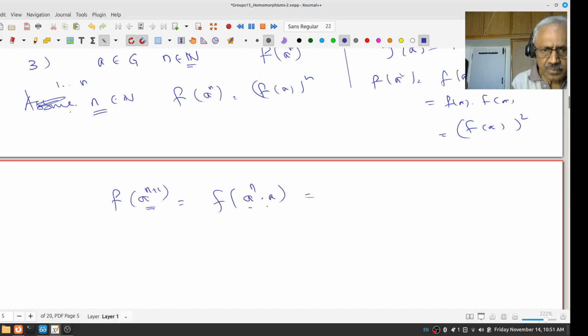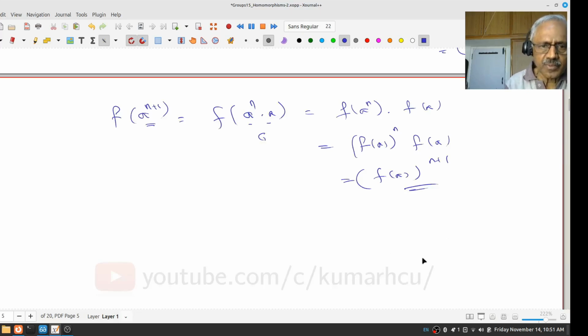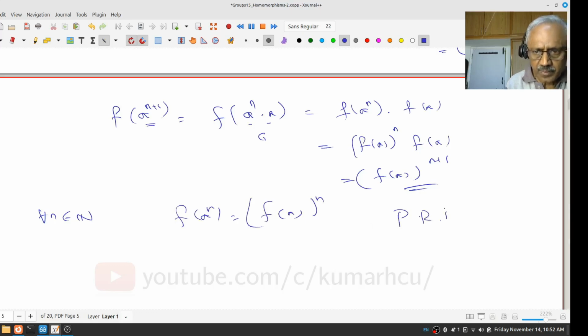Now these are two elements of the group G, so by the binary operation it's f of a power n into f of a. But by induction, f of a power n is f of a whole power n, so this is f of a whole power n into f of a. Therefore it's f of a whole power n plus 1. Therefore we have proved for every natural number n, f of a power n is f of a whole power n. Okay, pause, review, proceed.